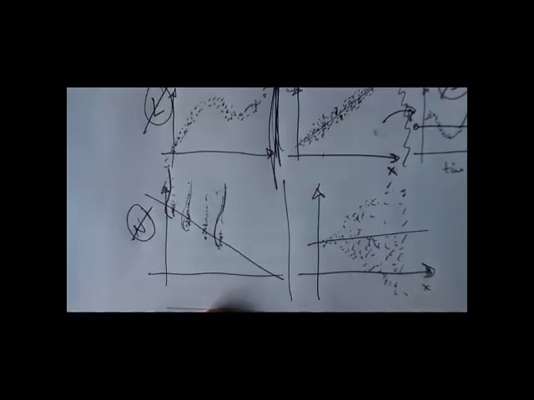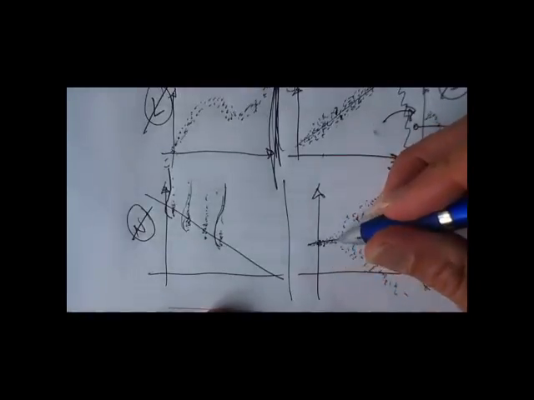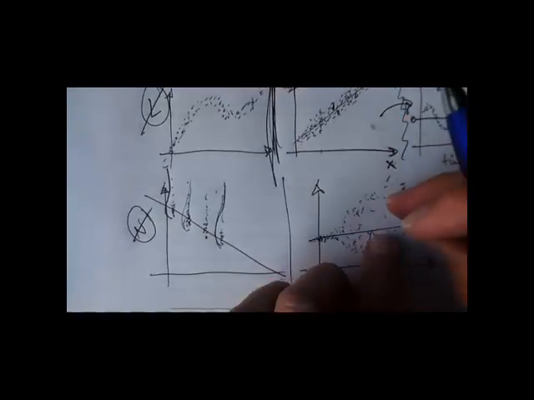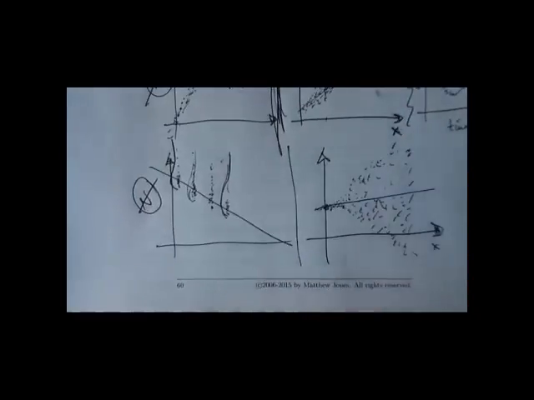Maybe there's a straight line model going this way, and these have a nice clustering over here, but the response is getting very, very unpredictable as x increases. So you have this sort of fanning out of the data, and that's no good. Sometimes you can apply transformations to the data sets to remedy that as well.